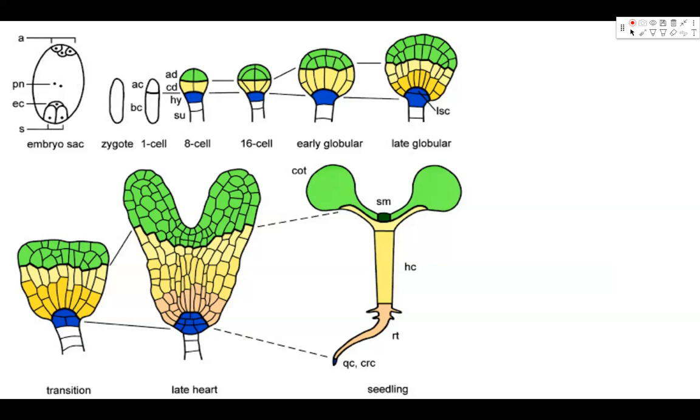It knows it's got these signals over here, signals in the middle, signals up top. The zygote is inside of that. Over time, as that single cell divides, the cells towards the top are getting these signals, the cells towards the bottom are getting these signals, and we can see over time how these signals change and how it can lead from one cell to 16 cells to being an actual seedling.